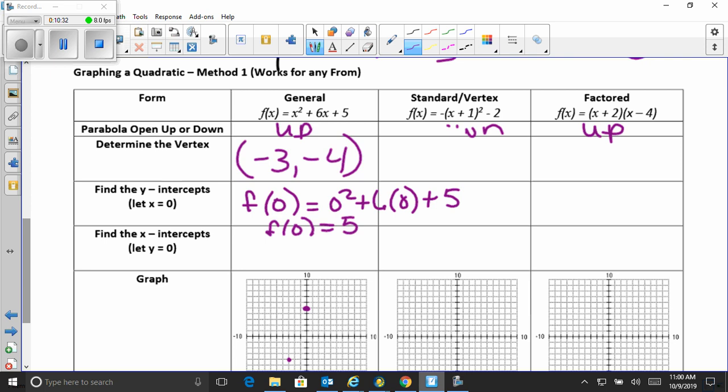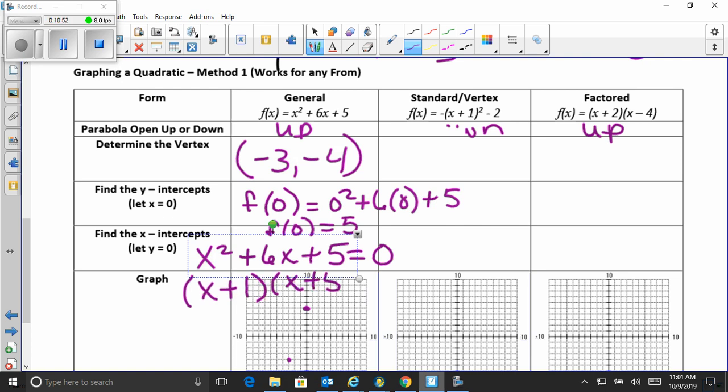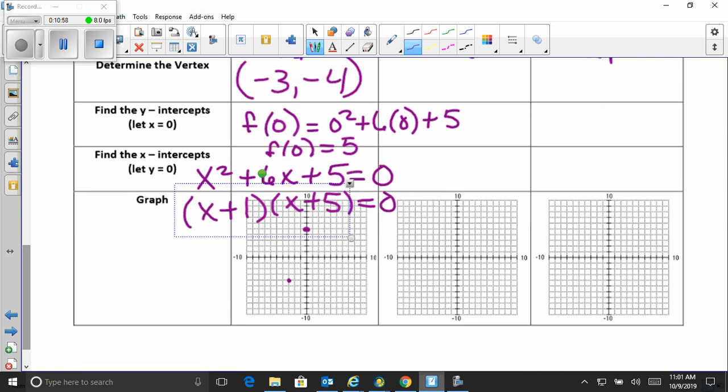Then we find our x-intercepts. Well, to find our x-intercepts, we have to solve this. To solve that, we need to factor, because that's the only way you can solve something when we have a variable squared and another variable. So we would get x plus 1 and x plus 5. That's what that would factor to. Which means our solutions would be -1, because what would make this 0? -1.